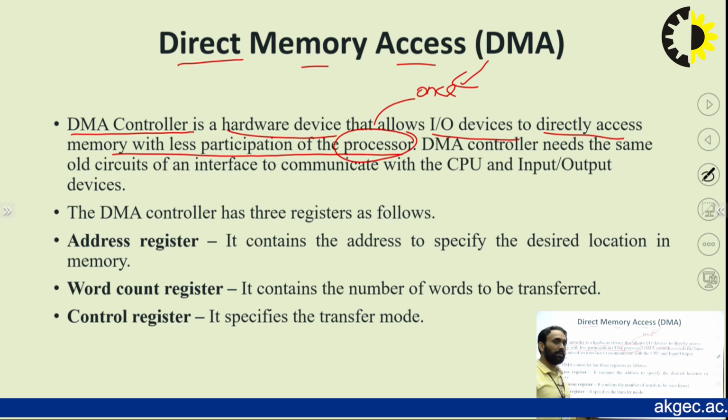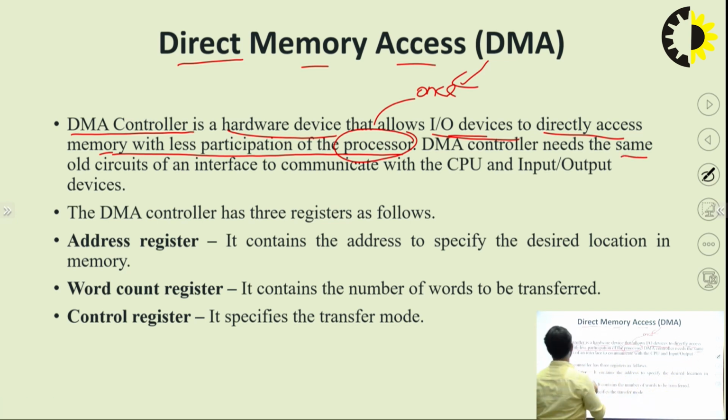How it works, we will go into detail with its block architecture. First we will know the basic things about DMA. As I said earlier, it works between IO devices and memory with less participation of the processor. The DMA controller needs the same old circuit of an interface to communicate with the CPU and IO devices.